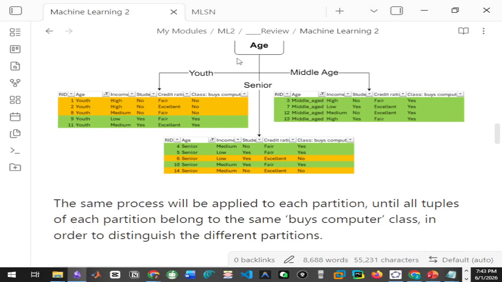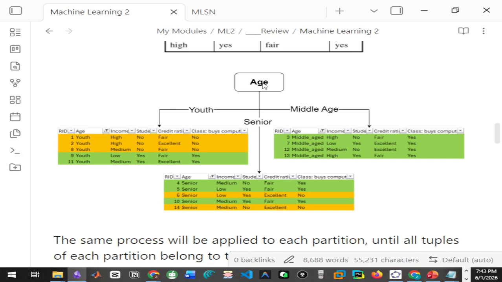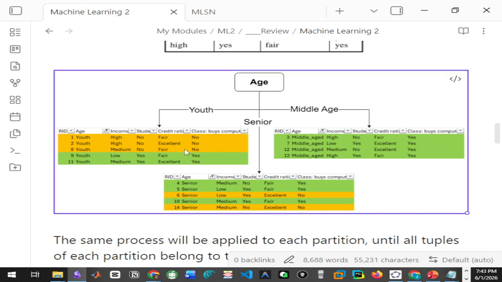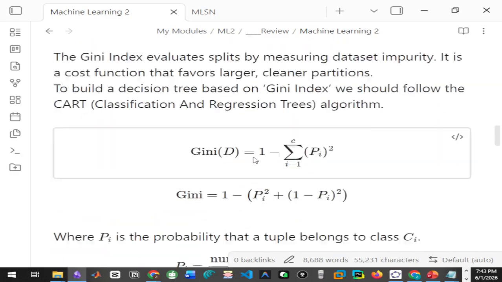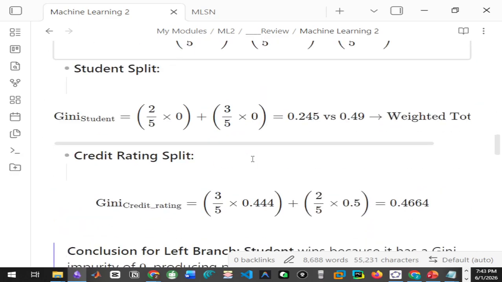Like we did with the root dataset, now we have two unclean datasets. We will measure the Gini index of this and get the splits. Then we do the Gini index here and get the splits too.